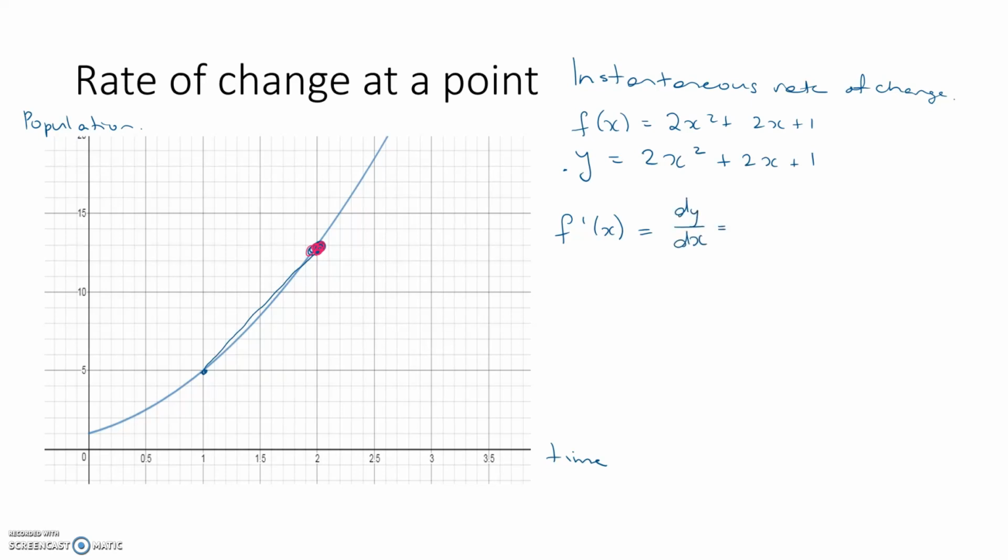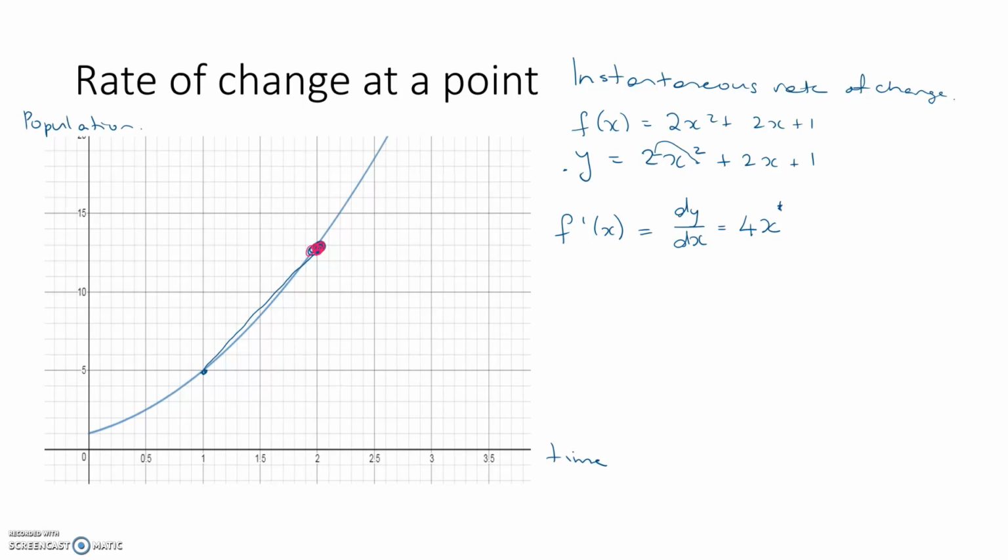So the rule tells us to multiply the coefficient by the power, so 2 2s are 4, and then we subtract 1 from the power. So that would be just to the power of 1, or we don't need to write that.